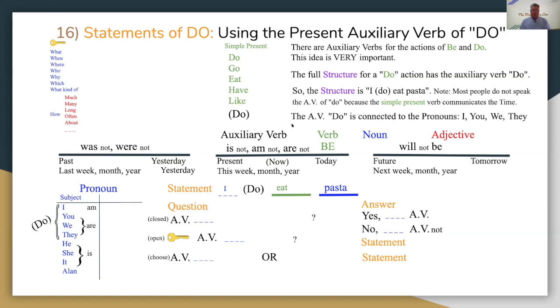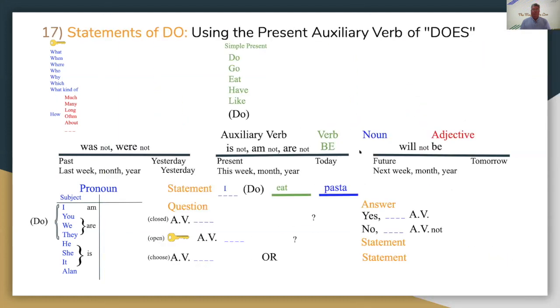Now, the action of do is connected with the subject pronoun of I, you, we, they. So I do, you do, we do, they do. Now, that's okay for the first person and the second person, but in English, it's a problem that the third person has the auxiliary verb of does.